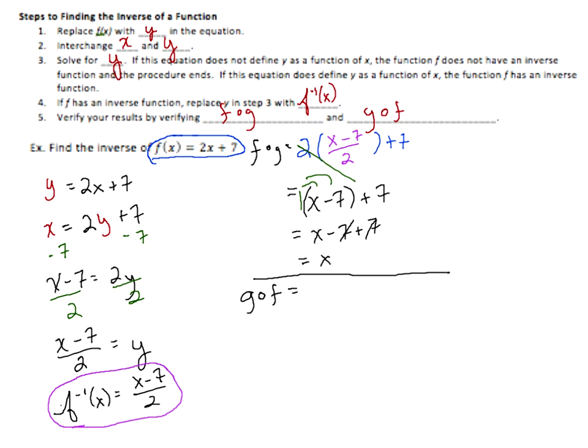I still need to check out the second way, g composed with f. So my g function is now my shell function, something minus 7 divided by 2. The something is 2x plus 7.